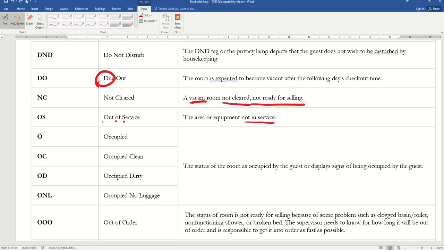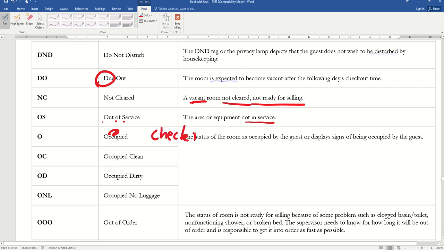Okay, occupied means guest check in. There is a guest in a room.